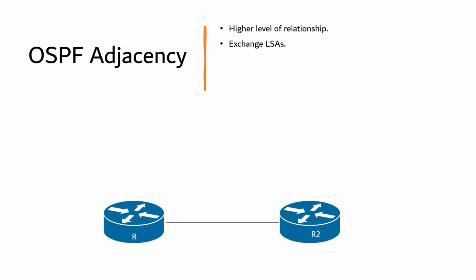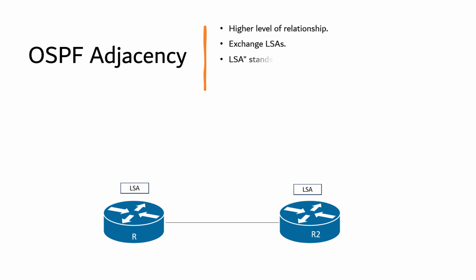Why LSAs? To share the information about their link state and network topology. So here you can see the routers share LSAs to share the link state and network topology information.